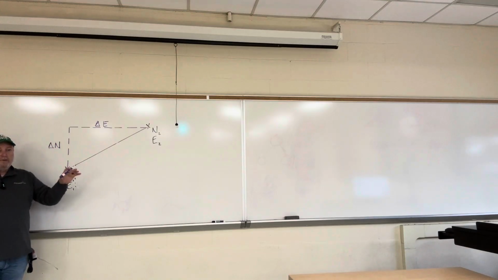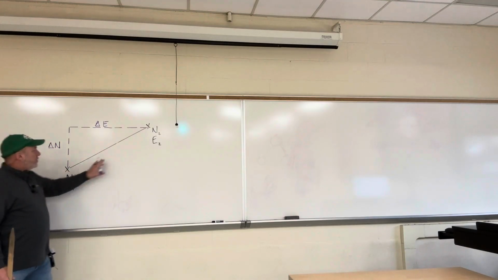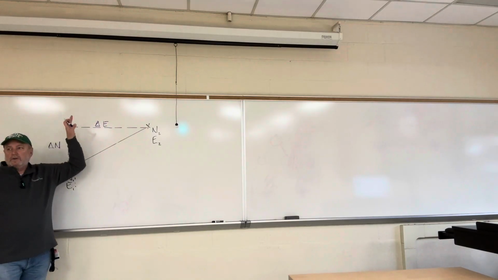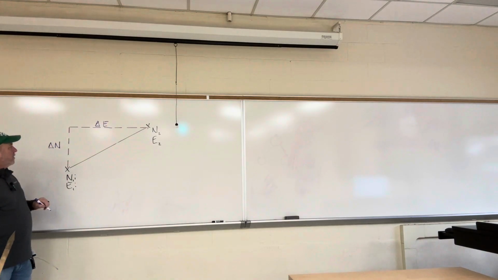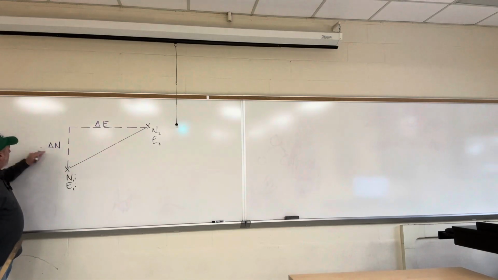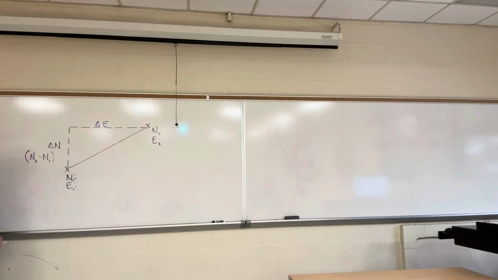Now, what information do we have? What do we know? We've got these two coordinates. How do I find out the length of this line? For this situation, I would find my difference in my northing. So we'll say n sub 2 minus n sub 1 is equal to my delta n.